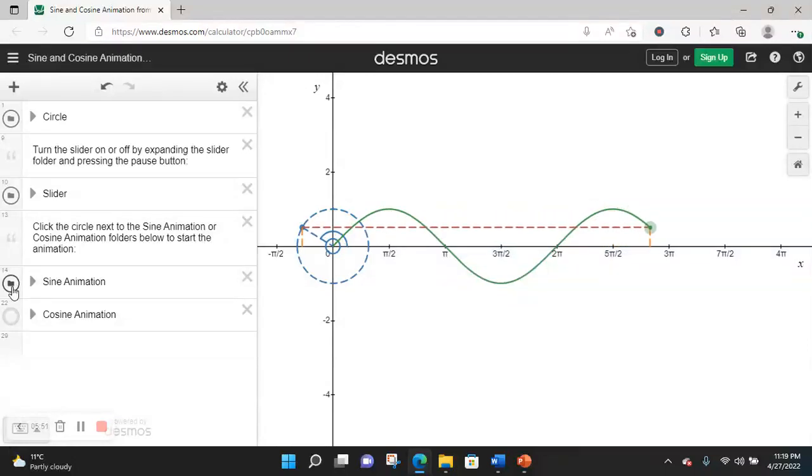But check it out. Once I turn on the sine animation, with every rotation, this is like what I was telling you about, unraveling the Ferris wheel at Coachella. And look, we just finished at 2 pi, and then it keeps going on. So the more we go around, even if we go past 360 degrees, the graph continues.